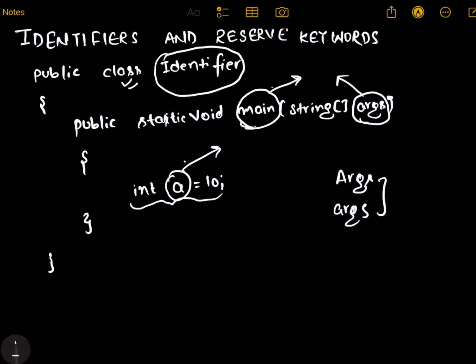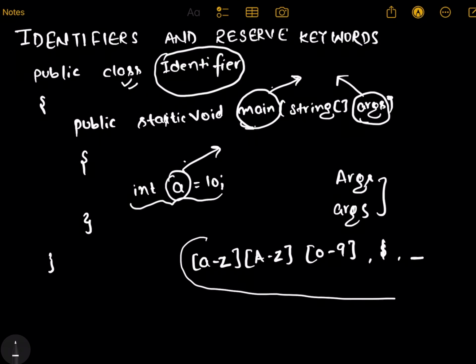And for creating an identifier, there are certain conditions. Identifiers can have a to z small, A to Z caps, numbers from 0 to 9, and two special characters, that is dollar and underscore. Your identifier can be a combination of all of these, but it should not start with a number, like a numeric and then your alphabet.